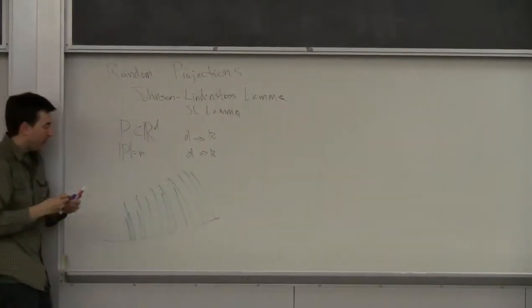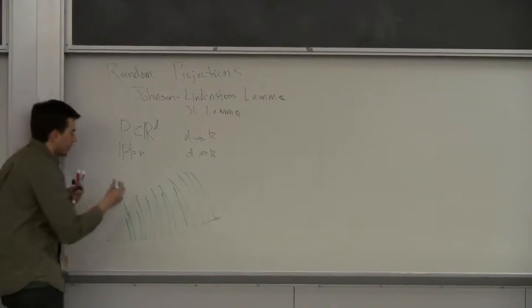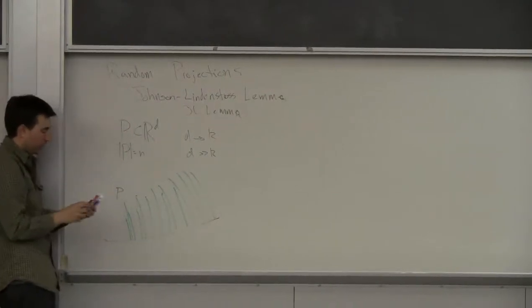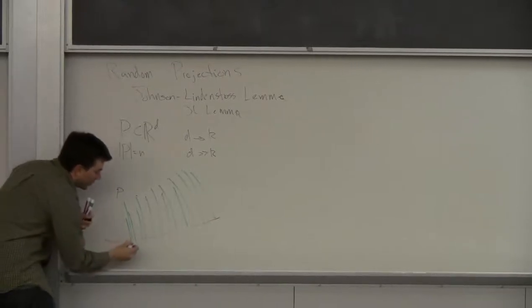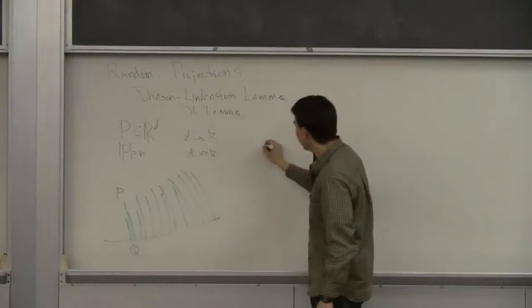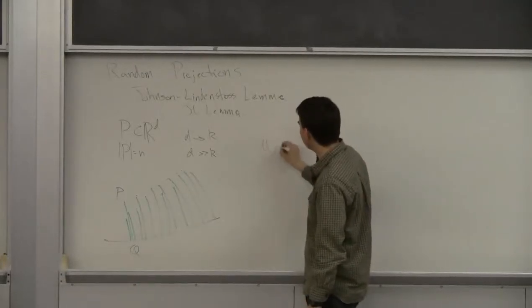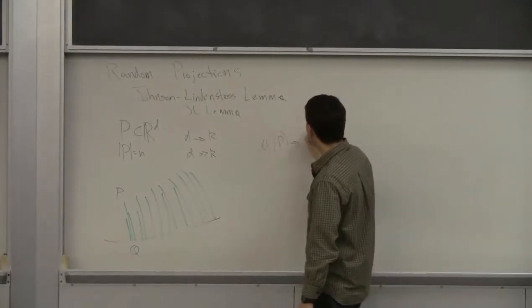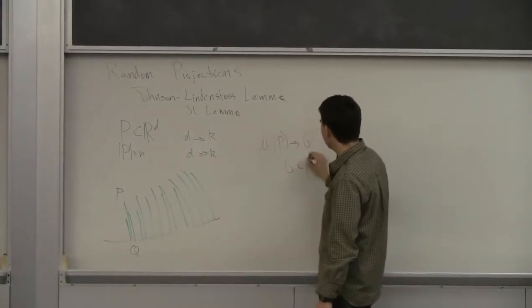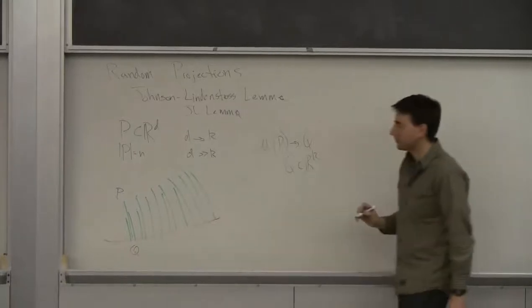Okay, so now I have this data set P, and I'm going to map to this data set down here, which I'll call Q. We'll write that we're going to create this mapping function from P to Q, and Q is going to lie in R^k.